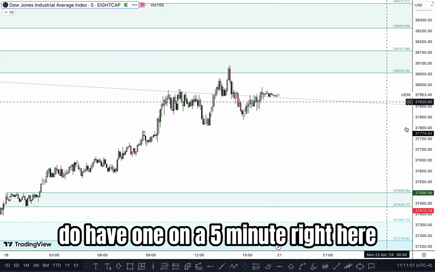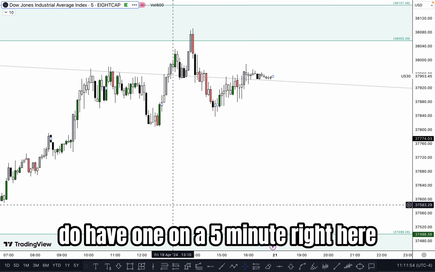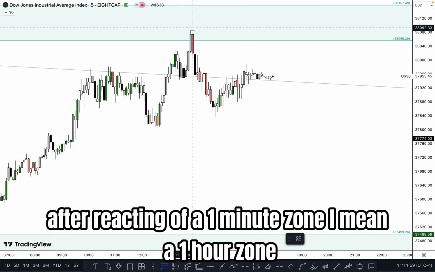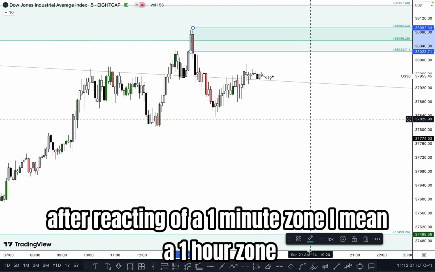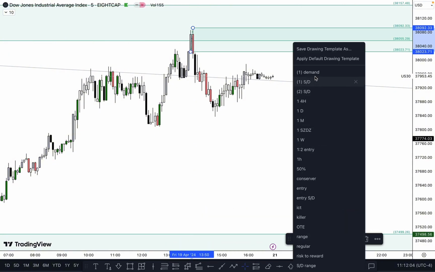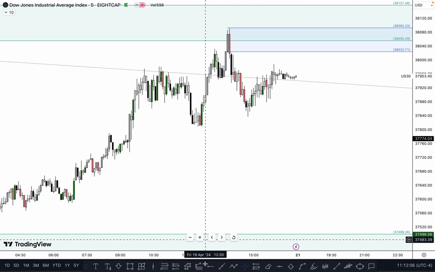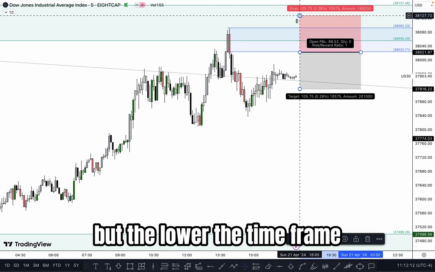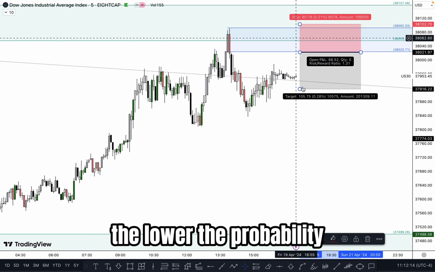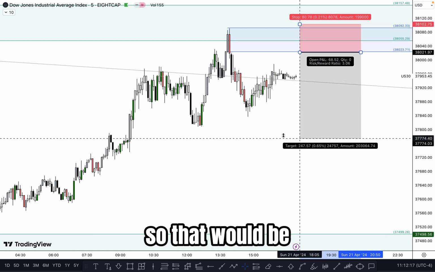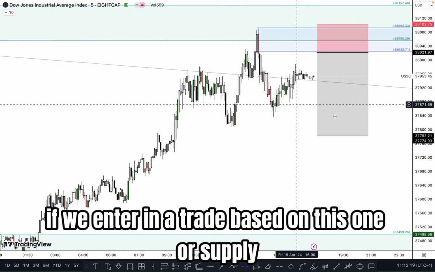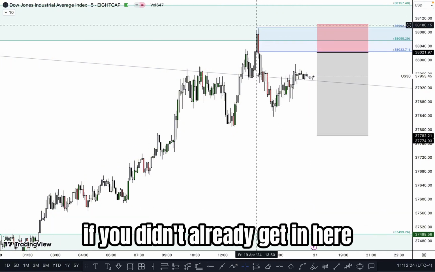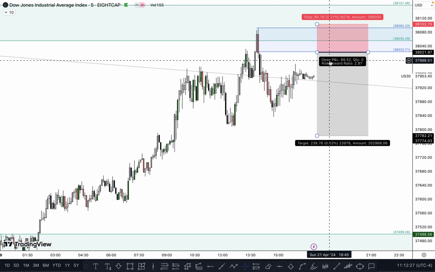We do have one on the 5-minute right here, because this would be 5-minute confirmation after reacting off a 1-hour zone. So this could be considered as a scalp, but the lower the time frame, the lower the probability. So if we're entering a trade based on this 1-hour supply, this would be 5-minute confirmation.